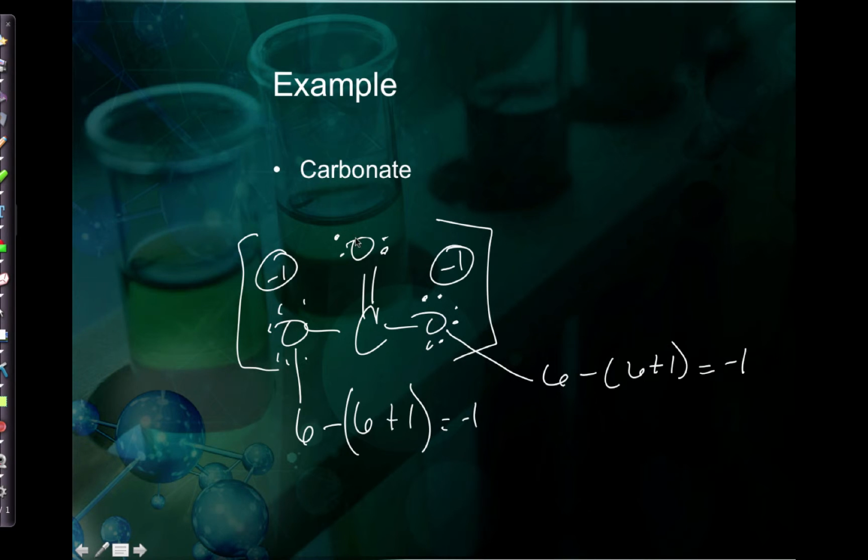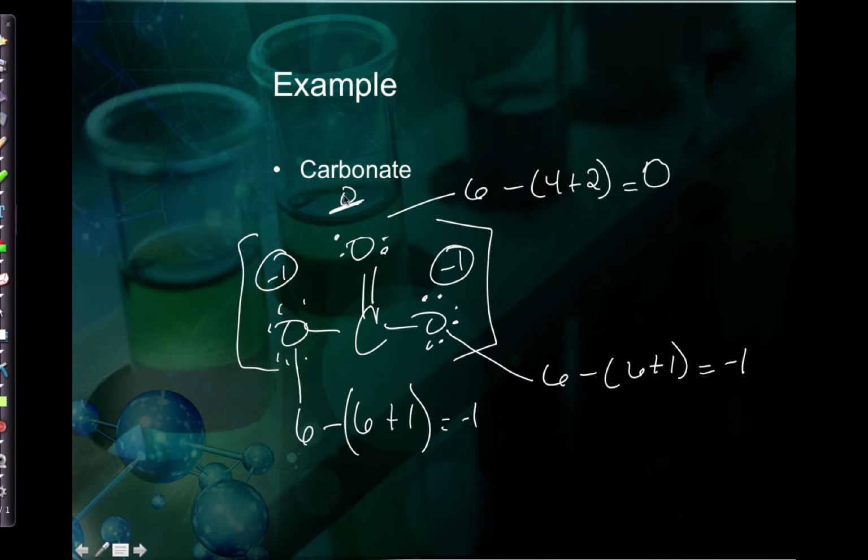All right, so now let's look at this oxygen. This oxygen would be 6 minus 1, 2, 3, 4 plus the number of bonds, 1, 2. So that would be 0. So the formal charge here would be 0.